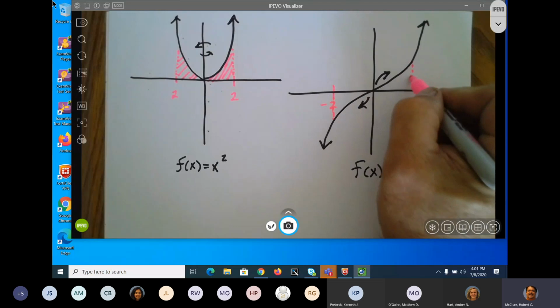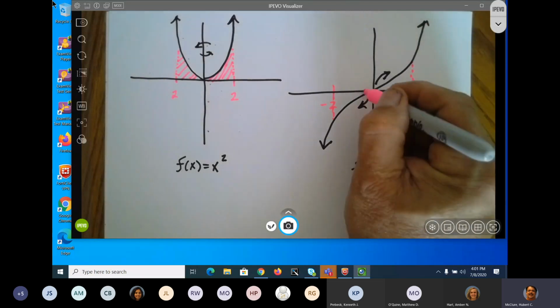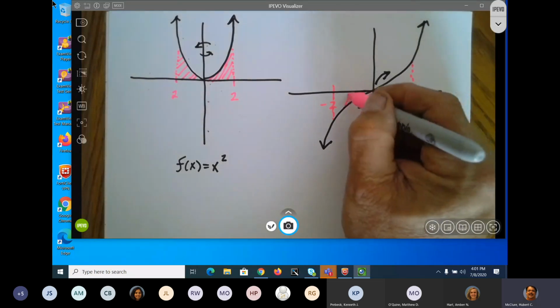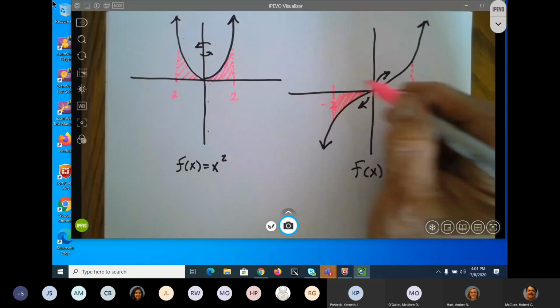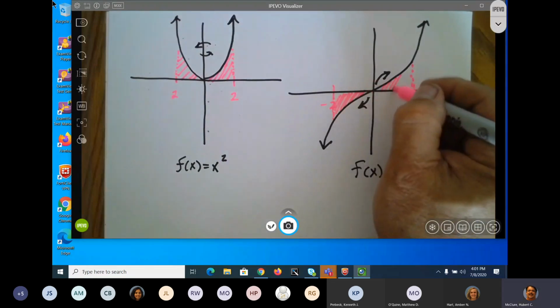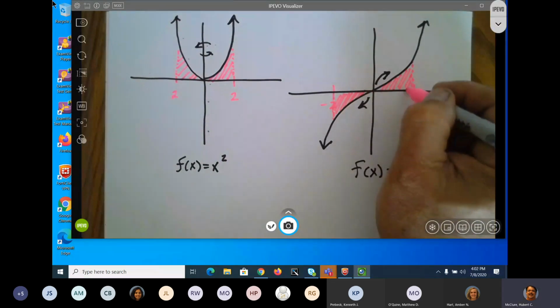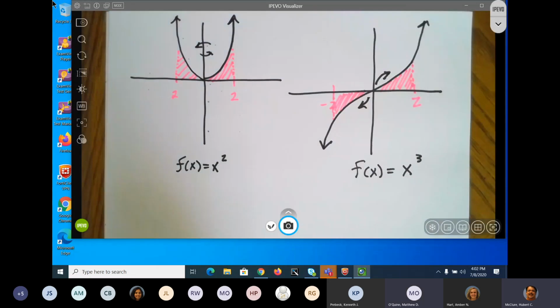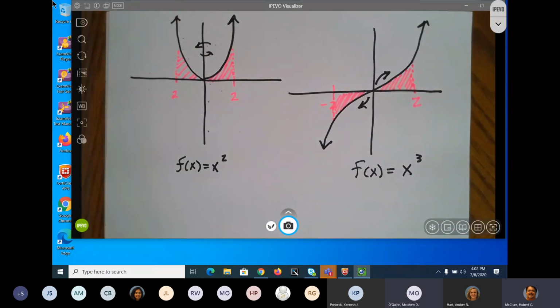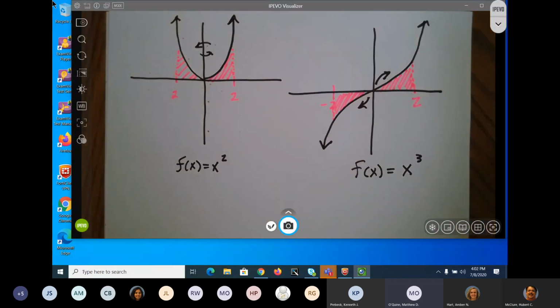Any pre-calc or calculus people can tell me the two ways to do these two problems? Anybody want to take a stab at it? I can tell you one of them. Take the area under one of the two sides and multiply it times 2 for the even one, and then subtract from each other.